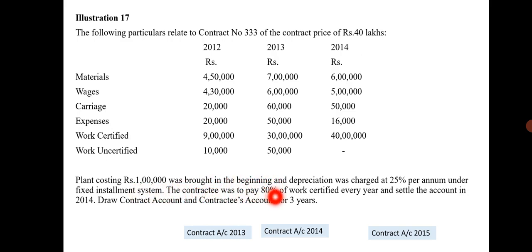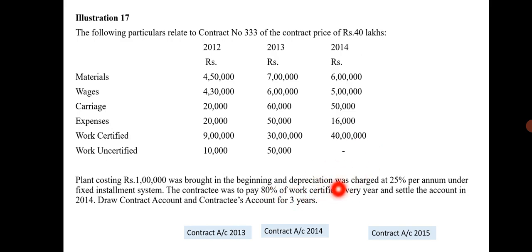And the contractee was to pay 80% of work certified every year, and settle the account in 2014. In the previous questions they usually said 80% of the cash received, cash paid. But in this question they are telling that cash received is 80% of work certified.